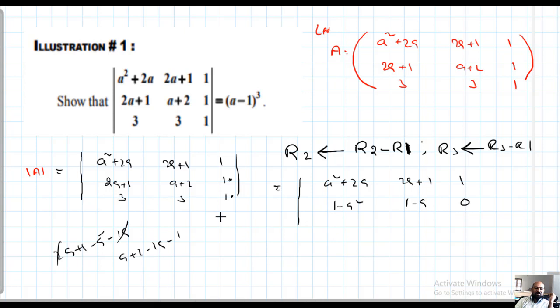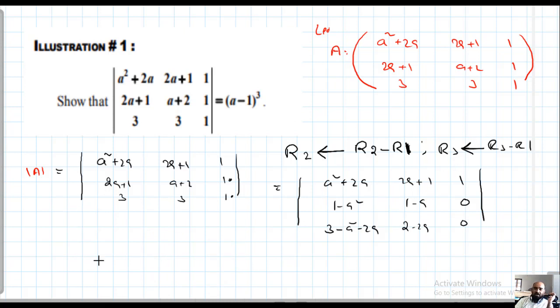R3 minus R1, 3 minus A square minus 2A. 3 minus 2A minus 1, what is that? 2 minus 2A. This is 0. So now directly I want to find the determinant because some zeros are there.